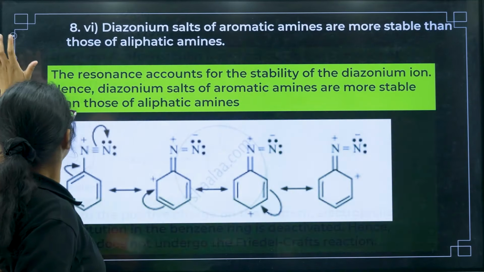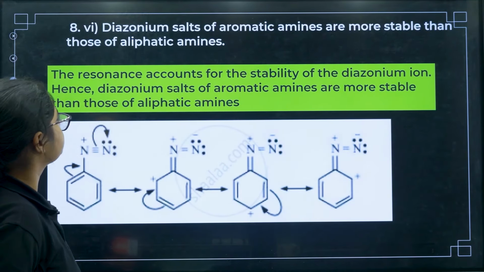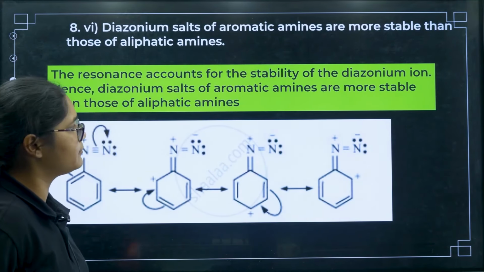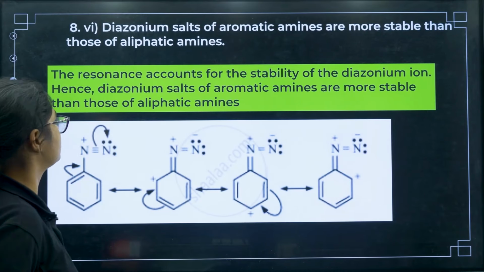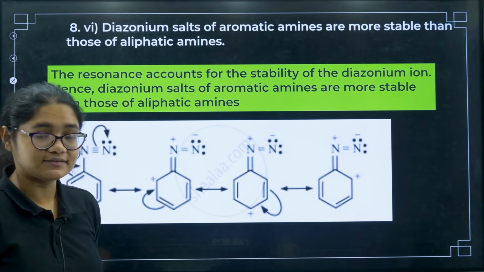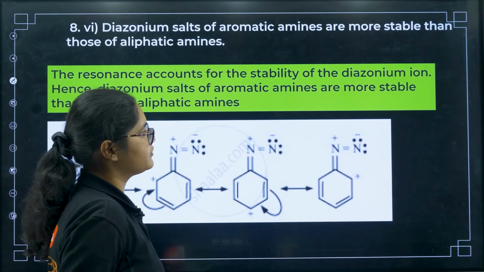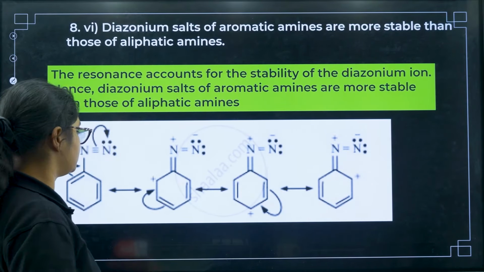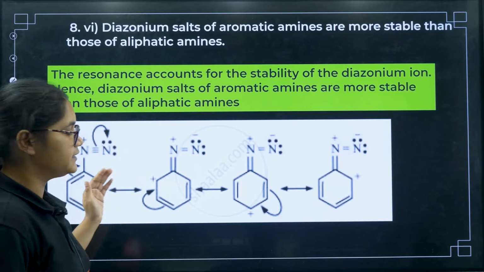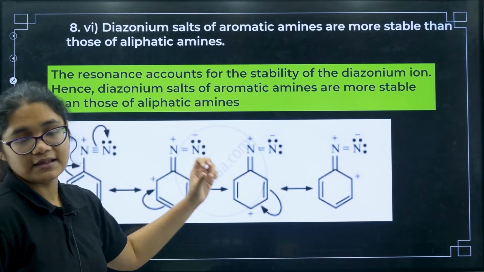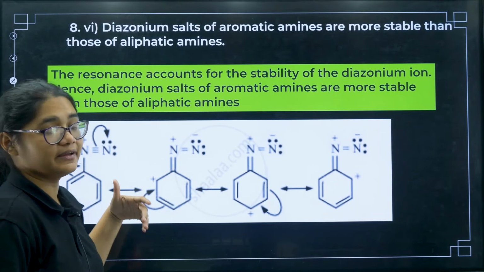Okay. Next we will see: diazonium salts of aromatic amines are more stable than those of the aliphatic amines. Yes, this is also an important question. The resonating structures account for the stability of the diazonium salts. So when you have a diazonium salt, there is proper resonance happening there. That is why these structures are very stable.